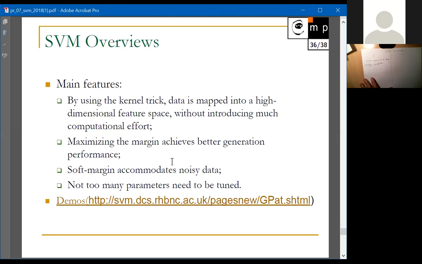So not much fiddling, especially if you think about neural nets: which architecture, which loss function, which nonlinearity, add this or that. But here there are only 2 parameters: C for the nonlinear case and the sigma here.